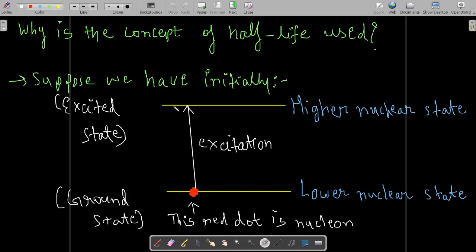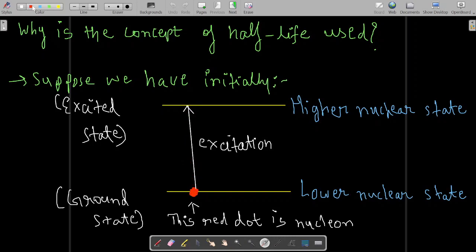Each nucleus out of those 10 to the power 23 nuclei is passing through this condition: the nucleon has been excited from the ground state to this excited state.